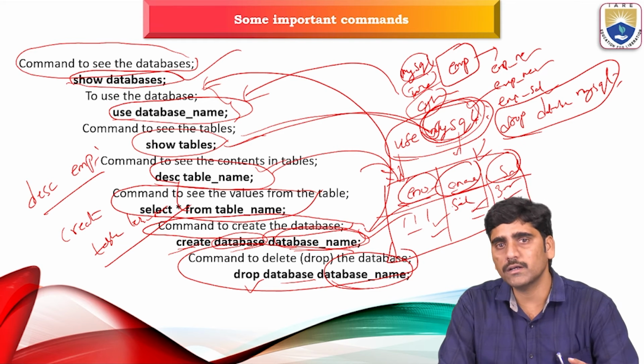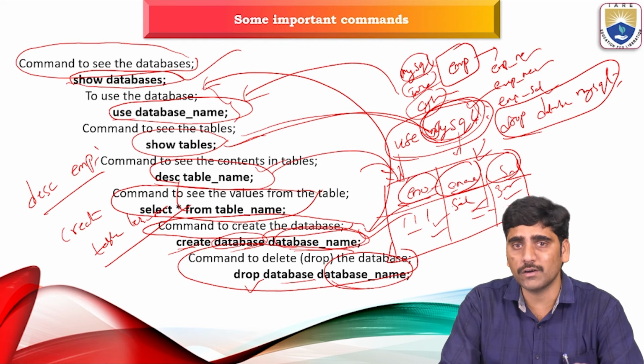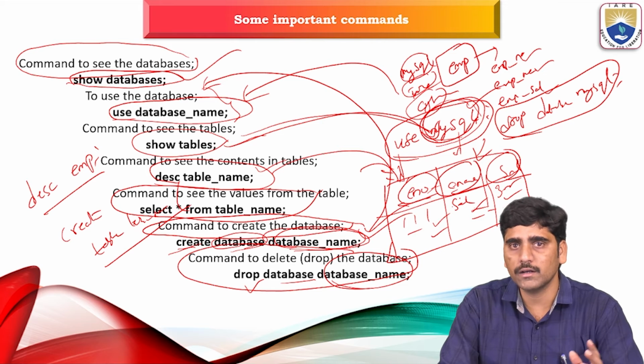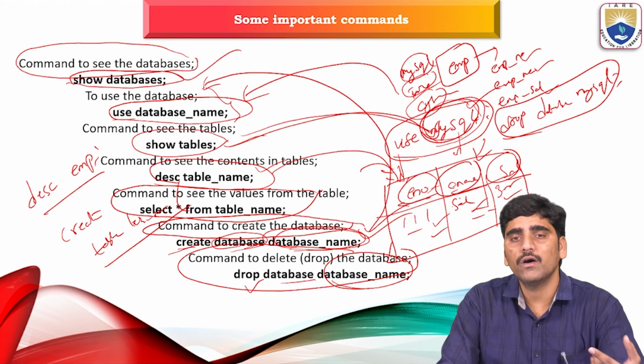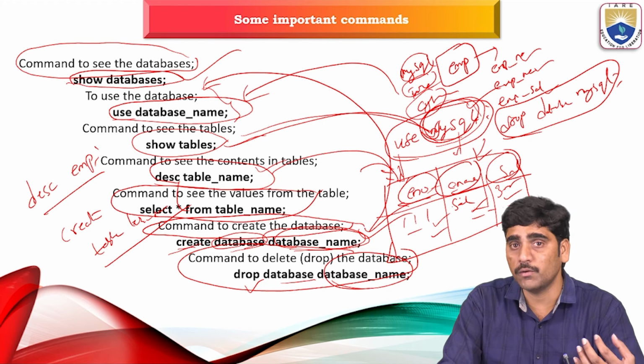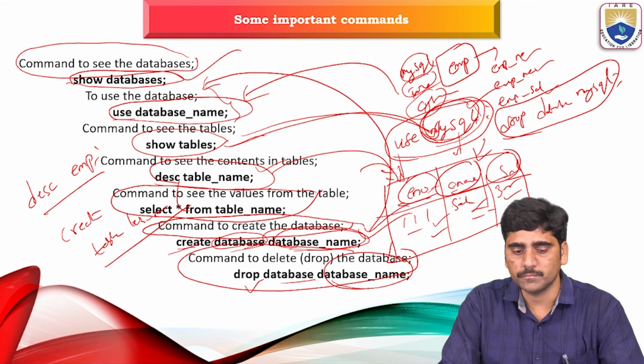So these are some important commands after launching the MySQL command line client. These are very basic and important commands to know. What are those? Show databases, to see the list of databases available in the command line monitor.